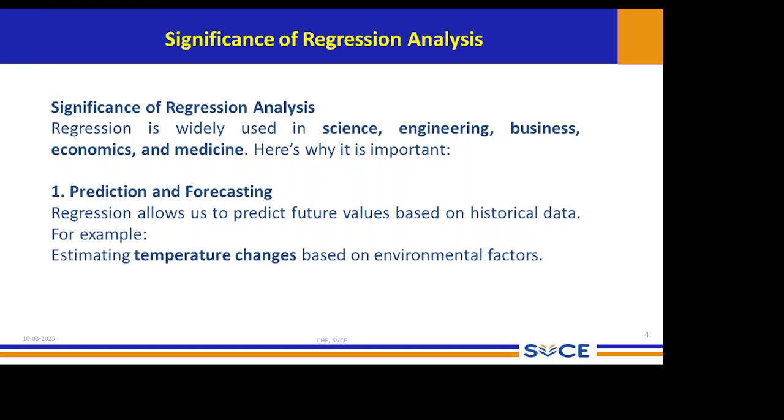Because of that, the sun rays coming from sunlight get absorbed and then reflected back to the earth's surface itself, so that we feel very warm. So estimating the temperature changes based on the environmental factors is an example of prediction and forecasting.